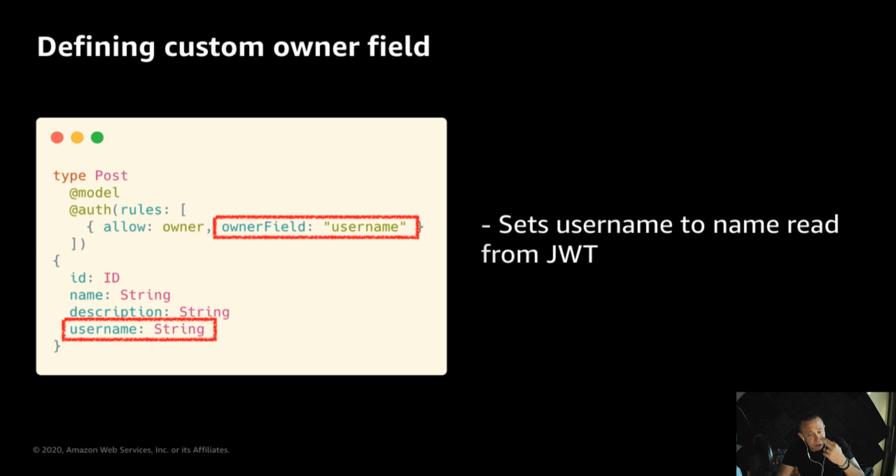This username is being populated for you by the GraphQL resolver, and we're going to be setting that in the mapping template when we're creating that item. And then you can query it back against your API. And this owner field, this username, this identity is being read off of the JWT in the resolver. And we do that by reading this property called the context.identity that's automatically passed in.